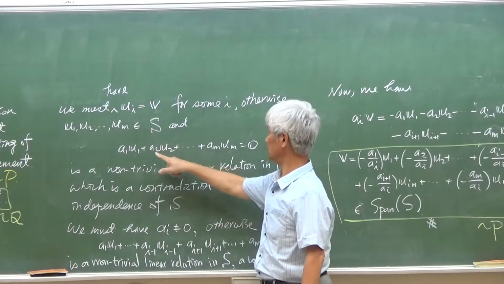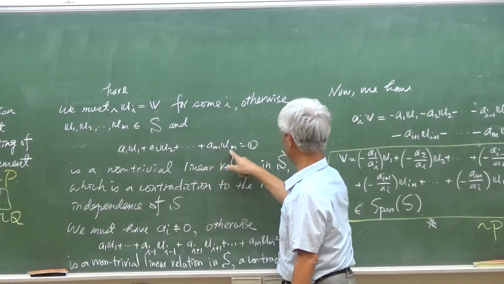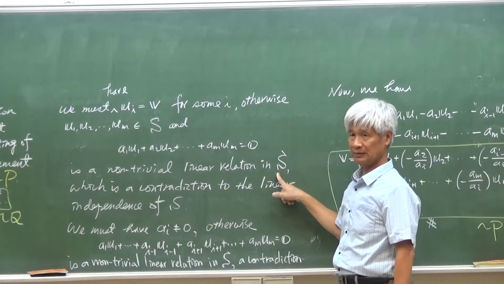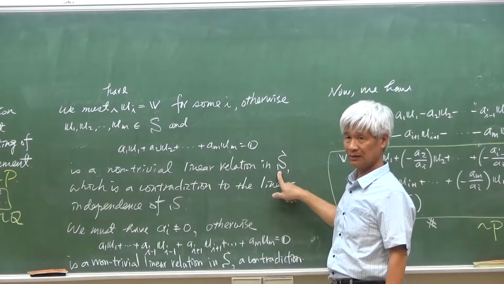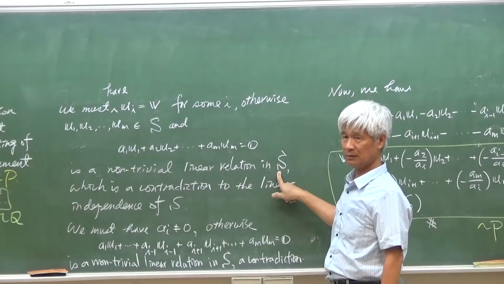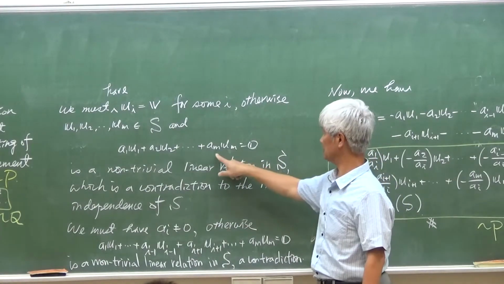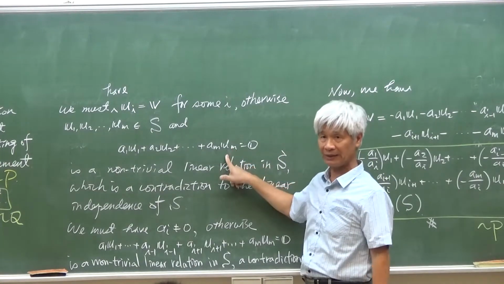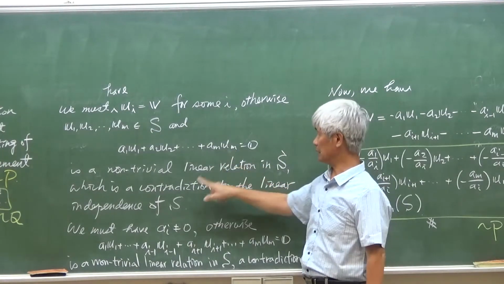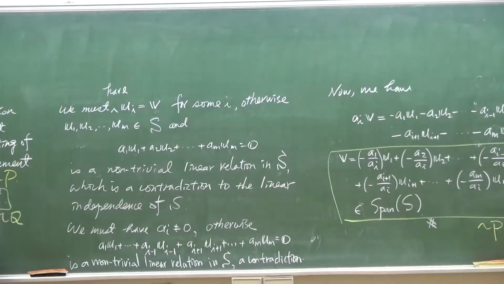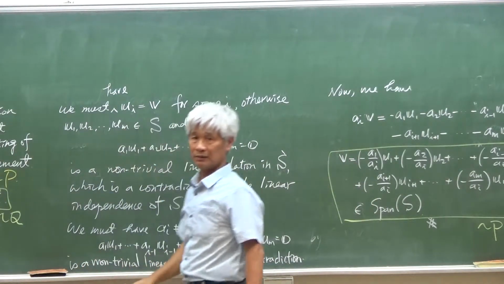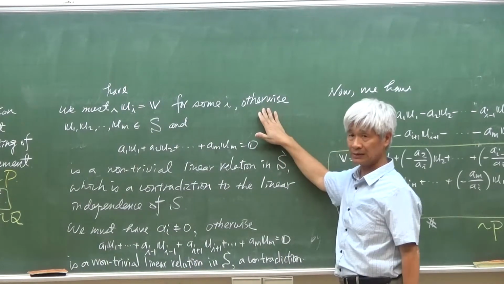And so u1, u2 up to um must be in S. So this is a non-trivial linear relation in S, which means that S is linearly dependent. But it's a contradiction to our assumption that S is linearly independent. So that's why I said otherwise.